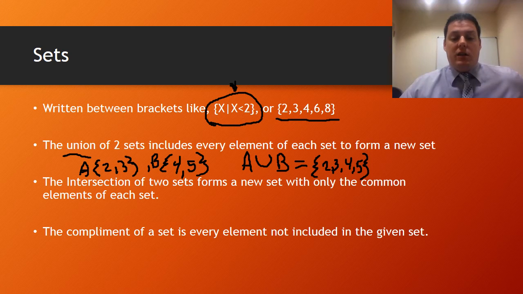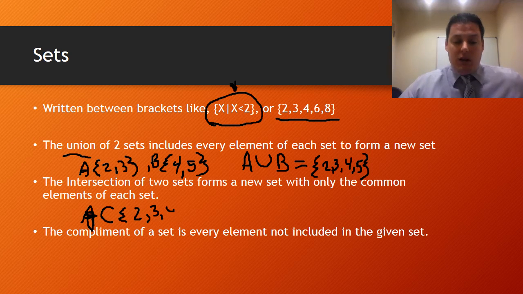The intersection of two sets forms a new set. Here we're going to call this something different, so as not to confuse you, set C, which is 2, 3, 4. And then set D is going to be 4, 6, 8.